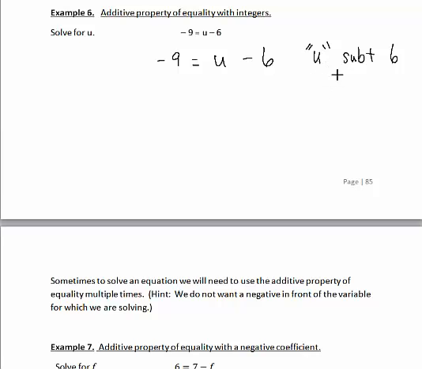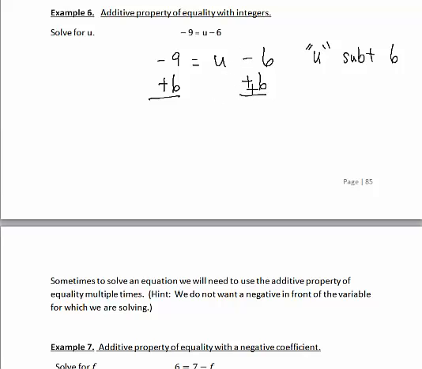And the goal of solving any equation is simply undoing the mathematical operations that are happening to the variable. So if in my equation I'm subtracting 6, to get the u by itself, I would simply do the opposite operation, add 6.